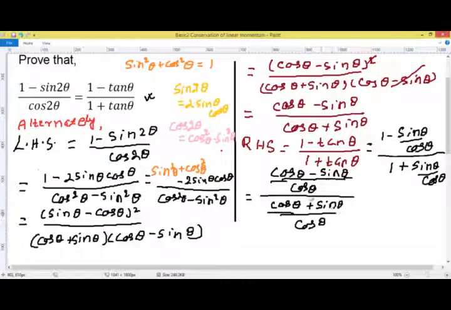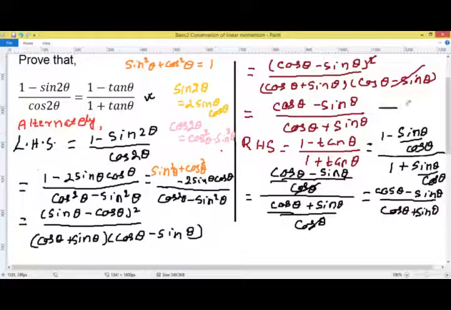You can see the denominators in both the numerator and denominator are the same, so algebraically they get cancelled out, and finally you have cos theta minus sine theta over cos theta plus sine theta.